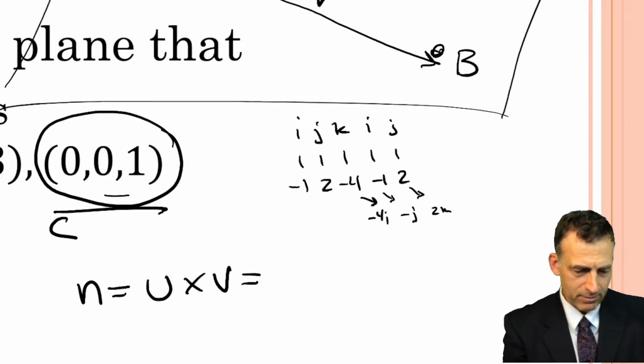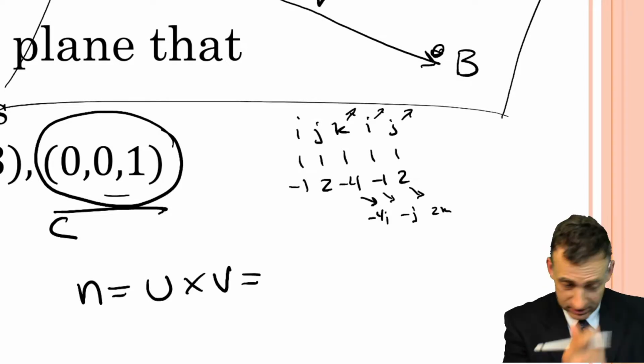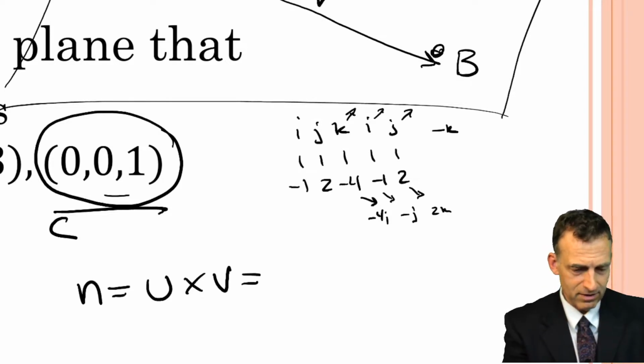And then I'll do the up diagonals. The first up diagonal is -k. And then plus 2i, positive 2i, -4j.